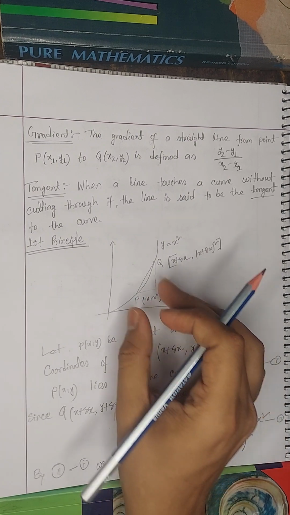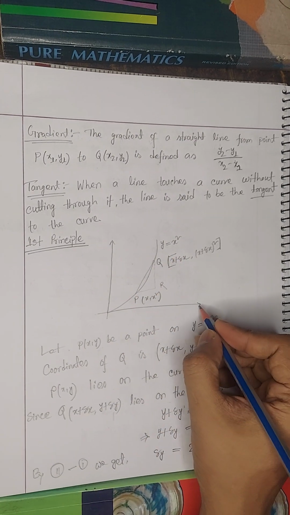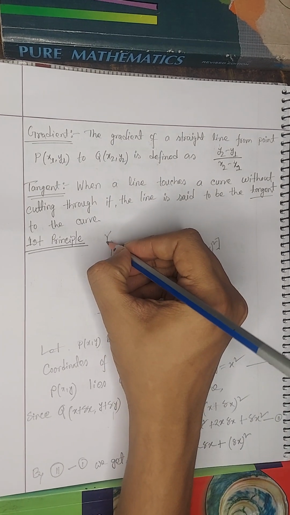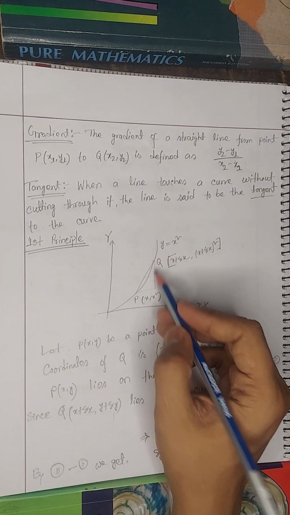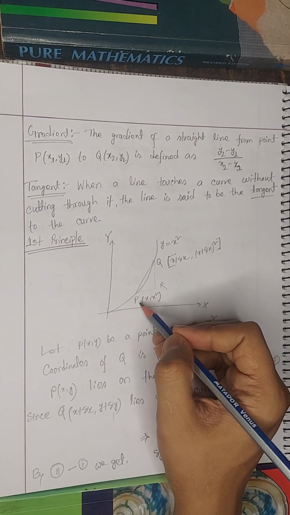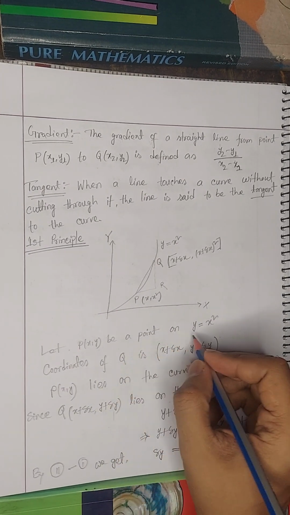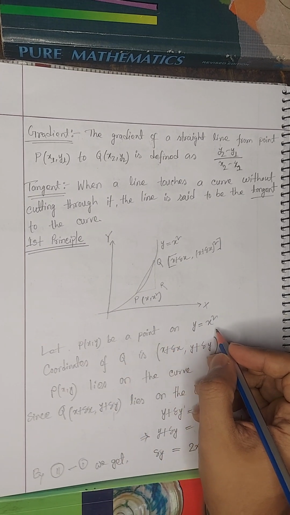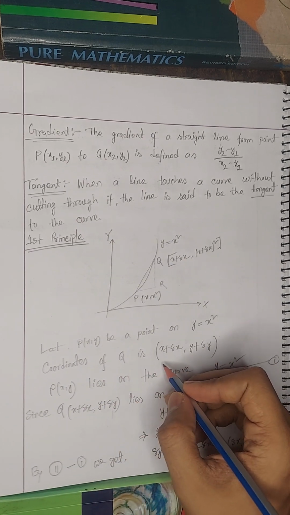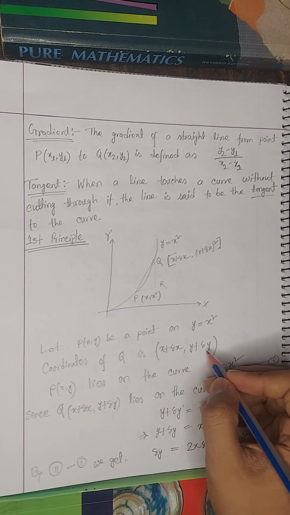Here you can see a curve, which is the curve of y equal to x square, where this is the x axis and this is the y axis, and on this curve y equal to x square there are 2 points P and Q. Let P(x, y) be a point on the curve y equal to x square, and the coordinates of Q are x plus delta x and y plus delta y.